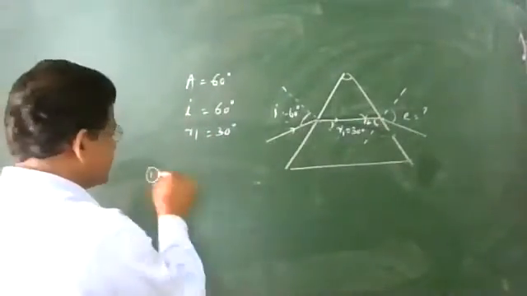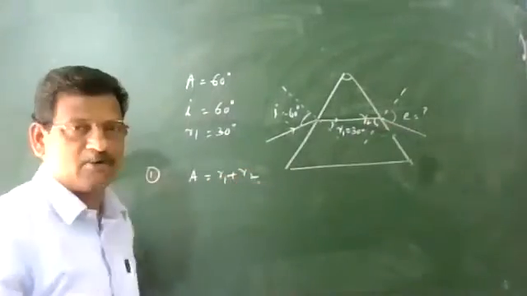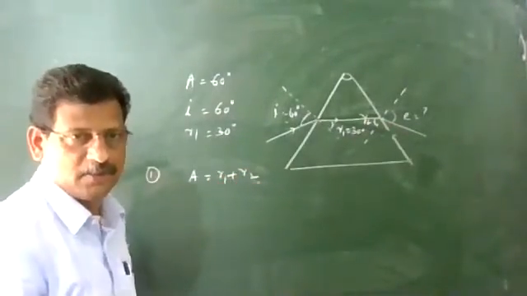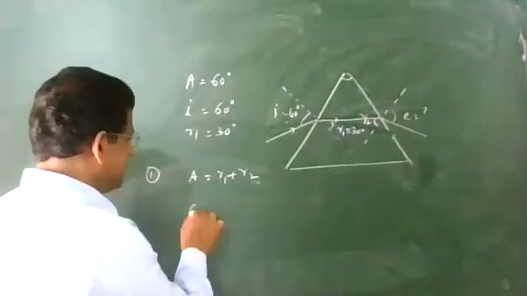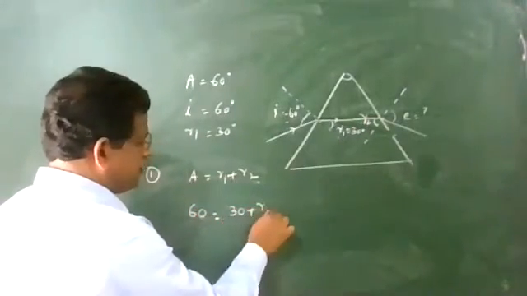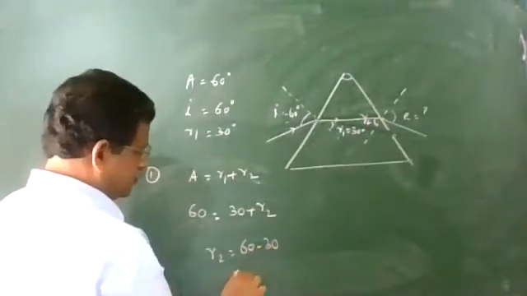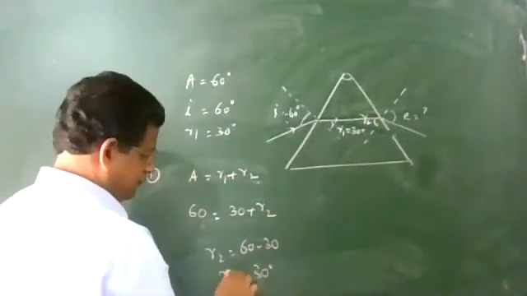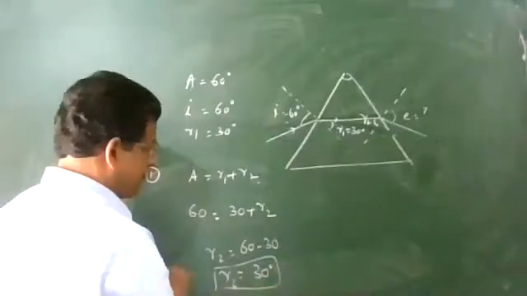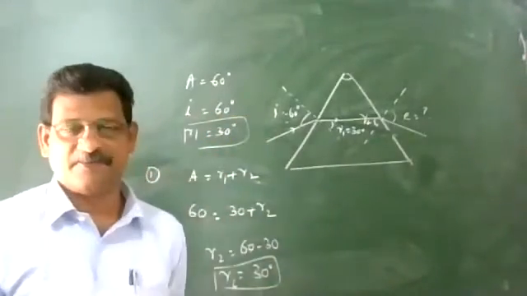So point number 1: A is related to R1 and R2 by A equal to R1 plus R2. Value of A is 60 degree, R1 is 30 degree. So what is the value of R2? R2 is equal to 60 minus 30, that is equal to 30 degree.